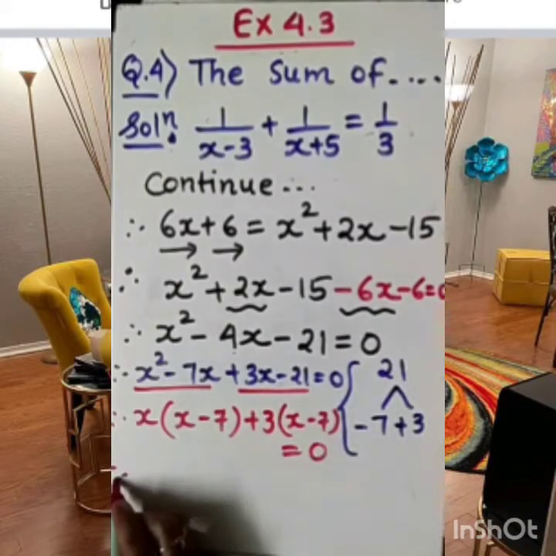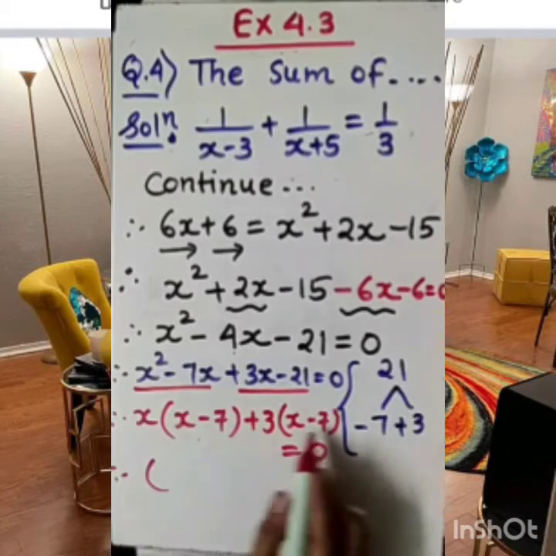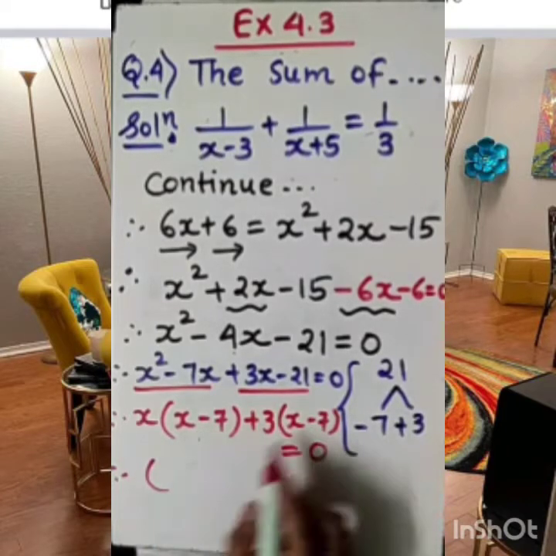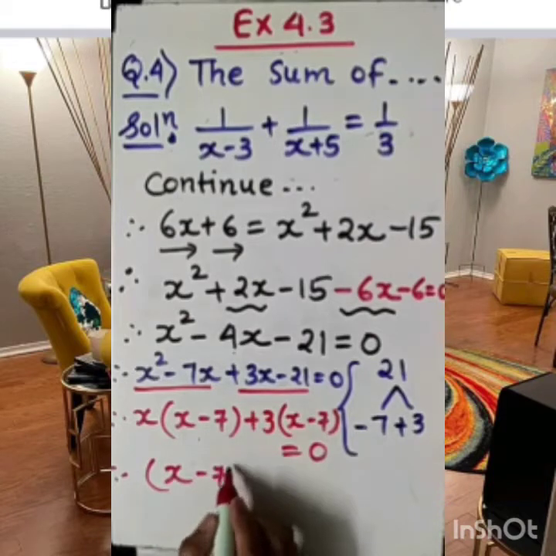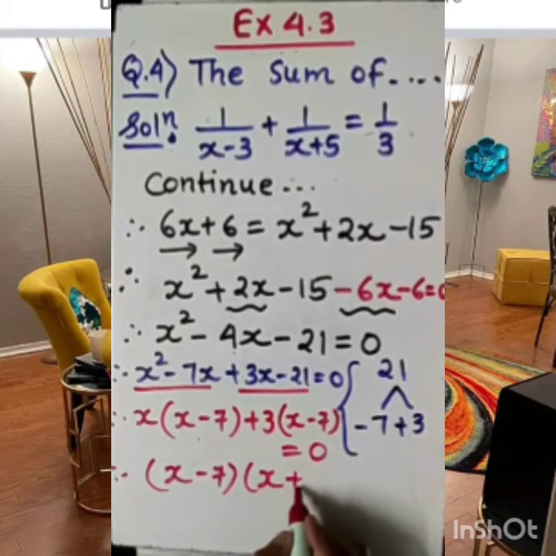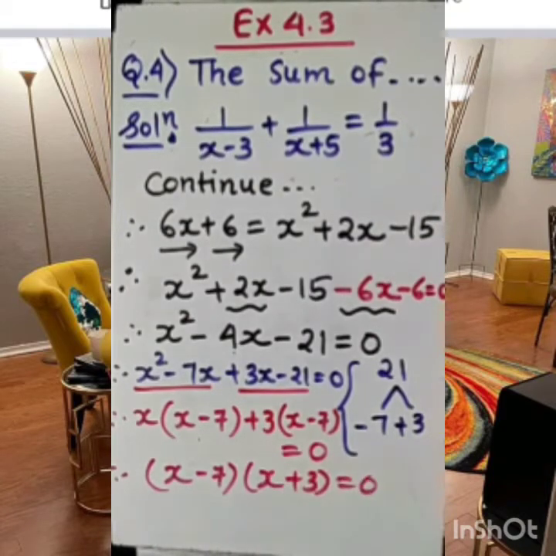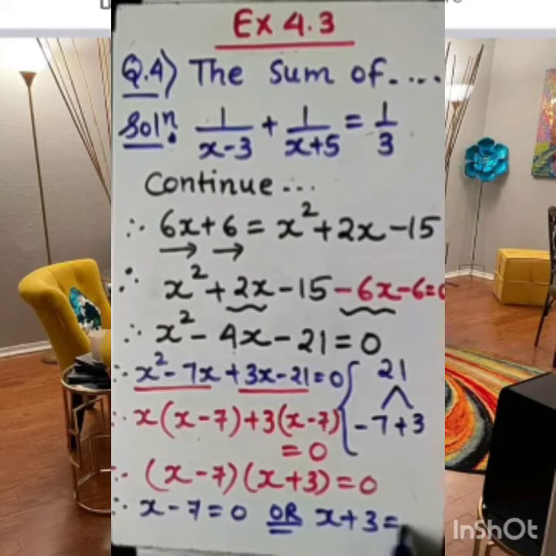to 0. So here you can see two similar brackets, x minus 7 and x plus 3 equal to 0. So dear student, if I compare, what do I have here? x minus 7 equal to 0 or x plus 3 equal to 0.